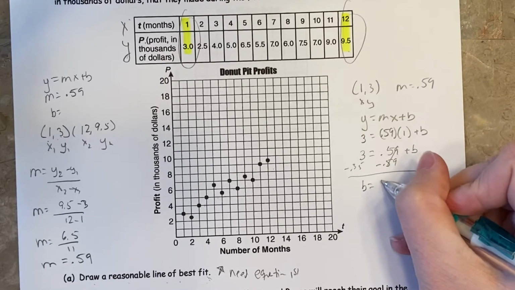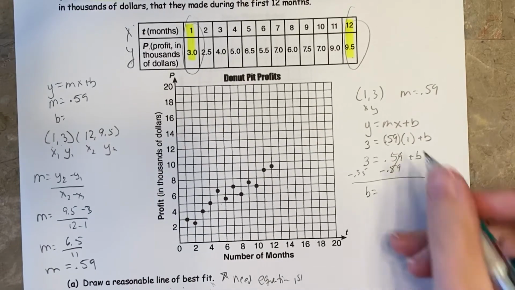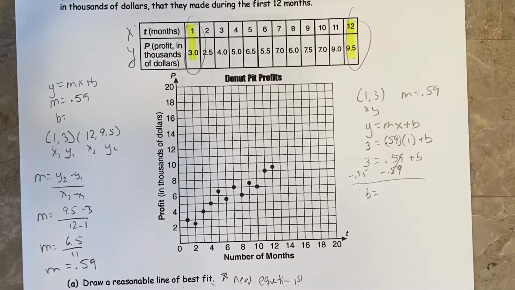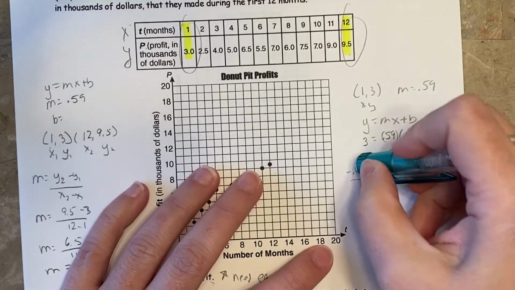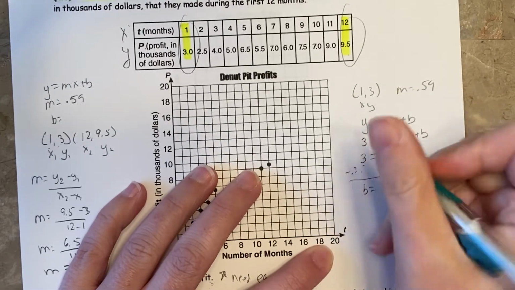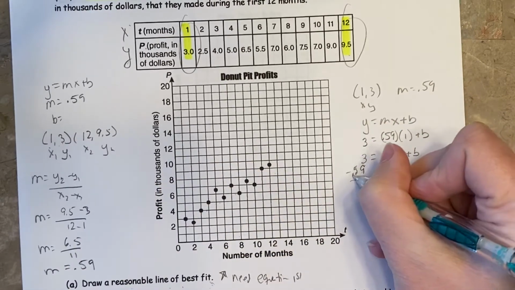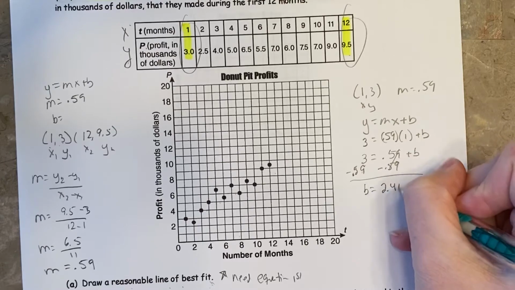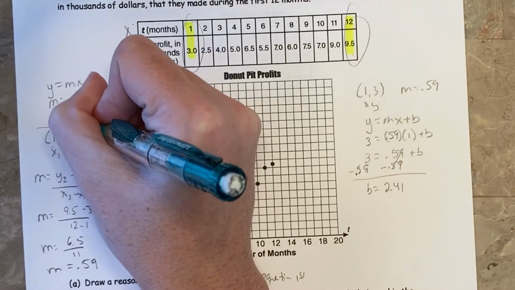So that's going to get us 3 minus 0.59. Sorry about that. And that's going to get us 2.41. That's the correct y-intercept, 2.41.